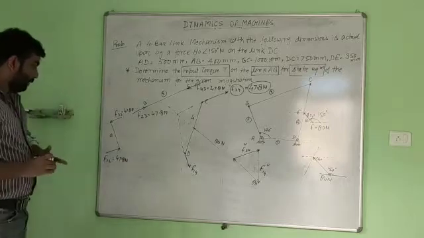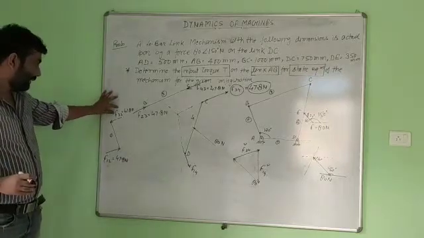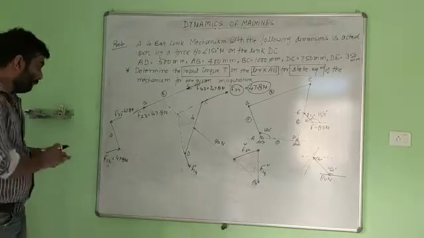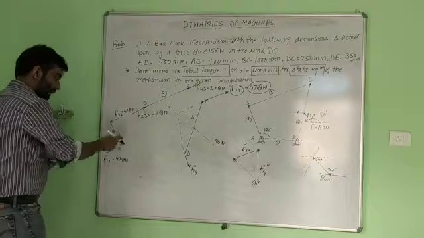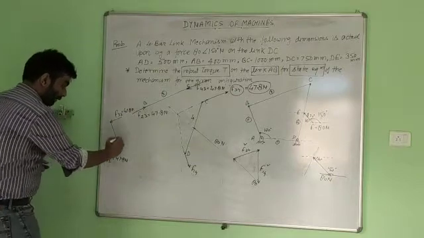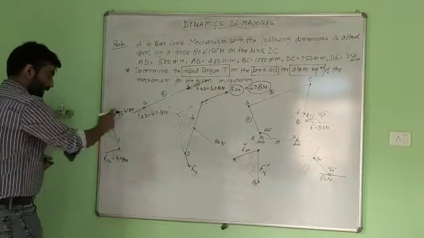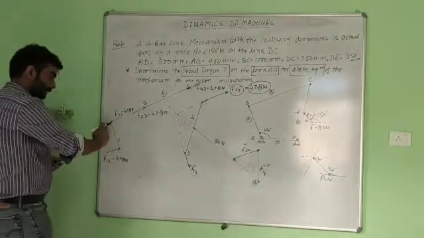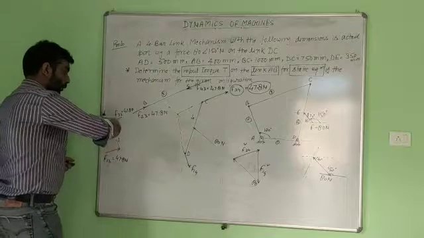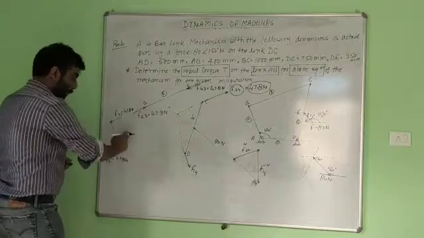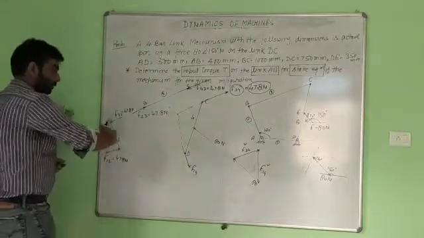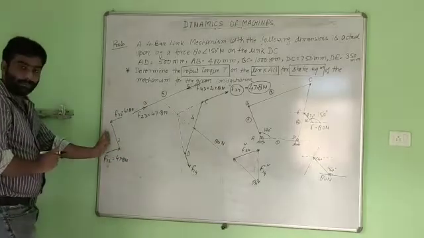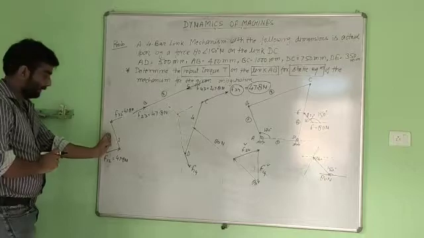Now this force F32 and F12 will create a moment in anti-clockwise direction. For the equilibrium, we have to apply a torque opposite to this moment, meaning a torque in clockwise direction, for the equilibrium of member 1.